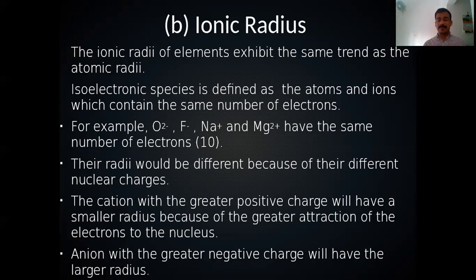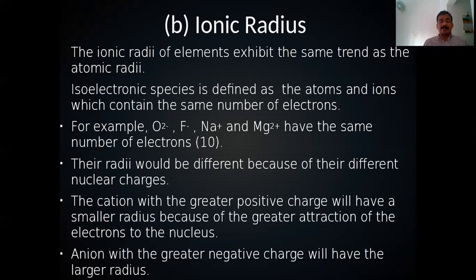We can expect a considerable reduction in the ionic radius of a cation. But in the case of an anion, what is the problem? Already it has a certain number of electrons, and it is accepting one more electron or two more electrons. At that time, what happens? Electron repulsion, therefore a slight increase in radius.